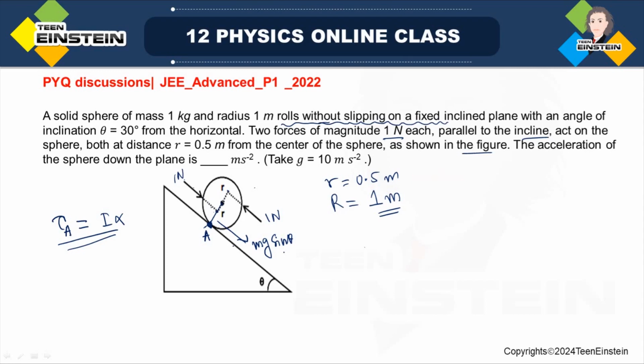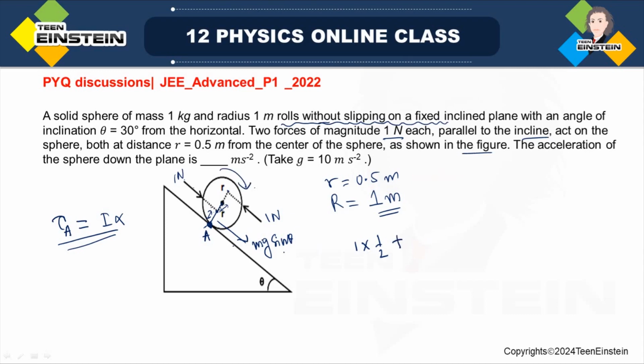So if this is total 1 meter radius and this is 0.5, so this also will be 0.5. So I can write 1 into half Newton, so that will be the torque acting on this sphere about this point. And see mg sine theta, this will be acting, as I said, through the center, so I can find out the torque.